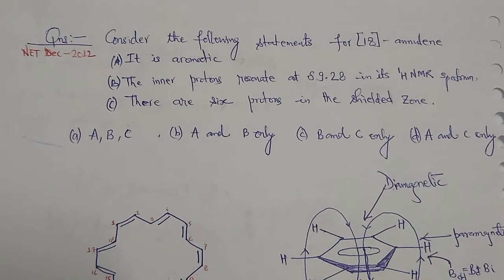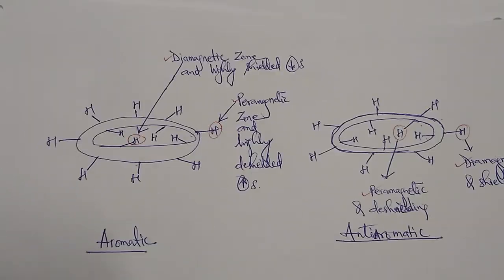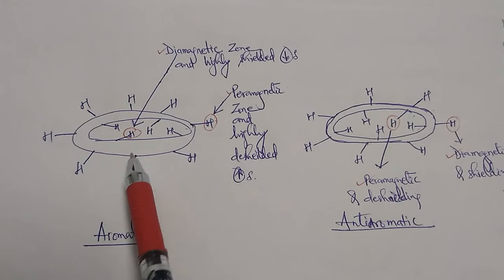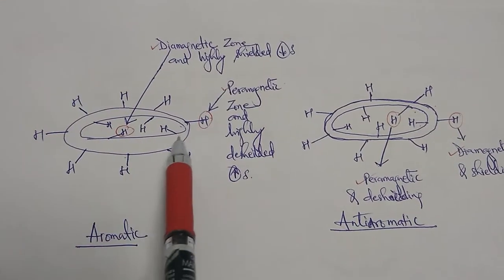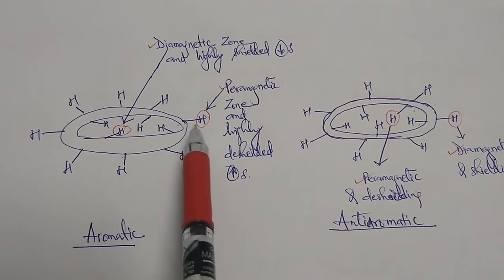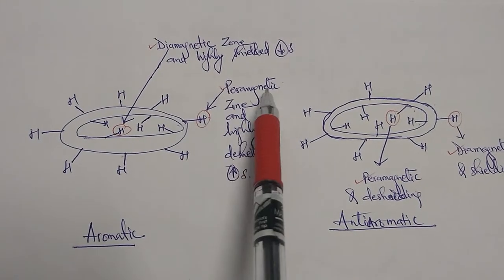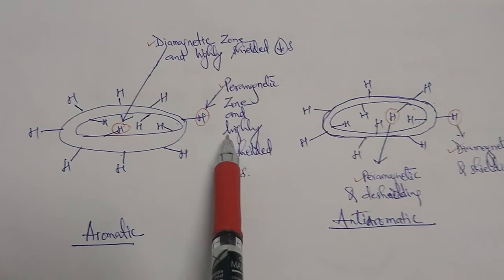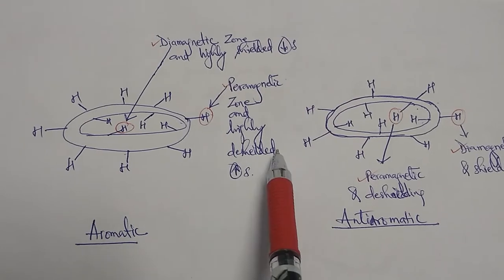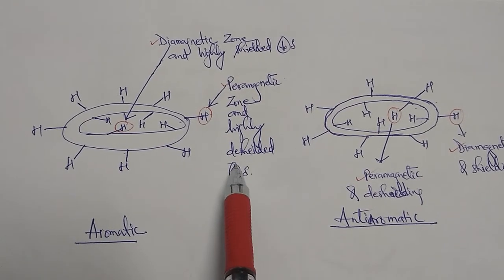With this problem, we will consider the general idea about aromatic and anti-aromatic protons. In this figure, this is our aromatic ring, in which the protons located at the exterior of the ring are in the paramagnetic zone and are highly deshielded, so they have a high chemical shift.